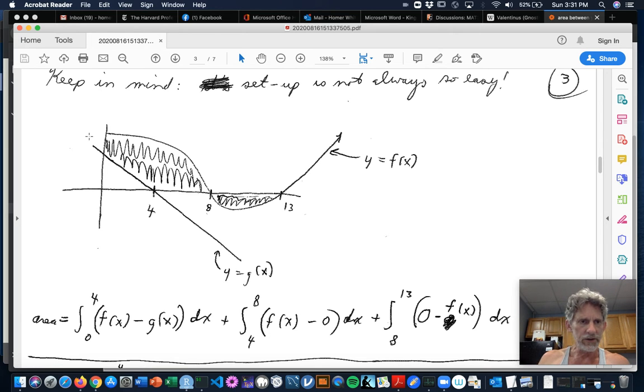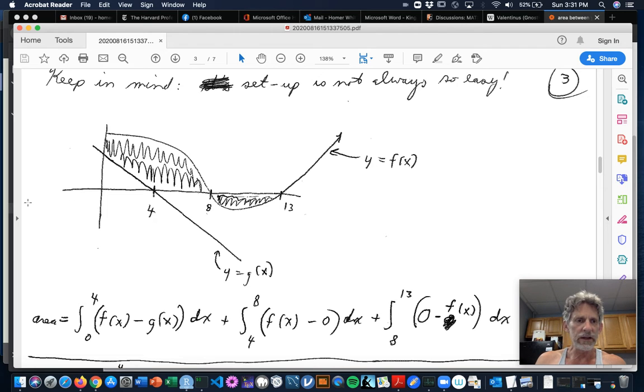You've got this line here, and it goes through 4 on the x-axis, but you're not told its slope. So you just think of this equation as y equals g of x. And you've got this curve y equals f of x, and they don't tell you anything else about f except that it apparently crosses the x-axis at 8 and at 13, and it's above and below in the regions indicated.